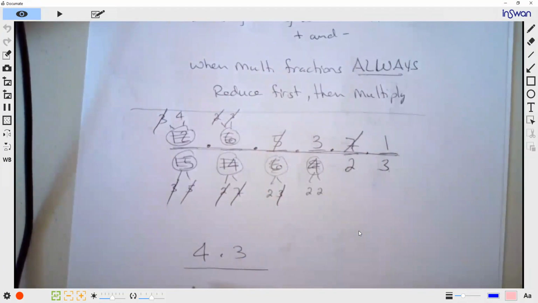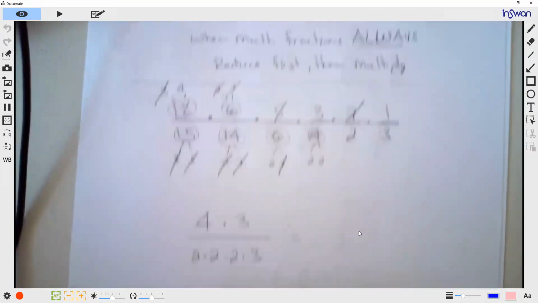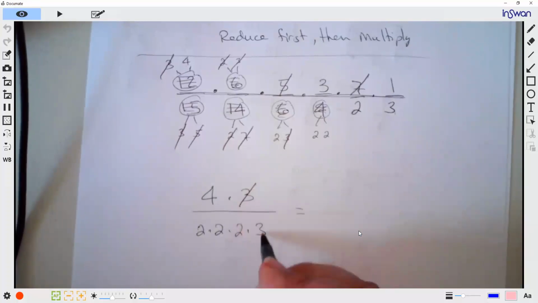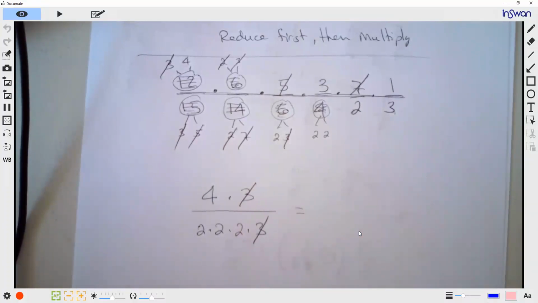On the bottom we have 2, 2, 2, 3. What about the 1? Yeah, 1's always there. Okay, so the 3s can cancel now. What else?